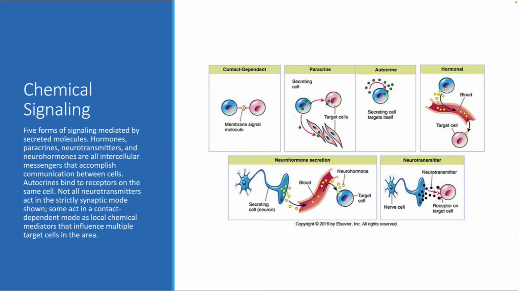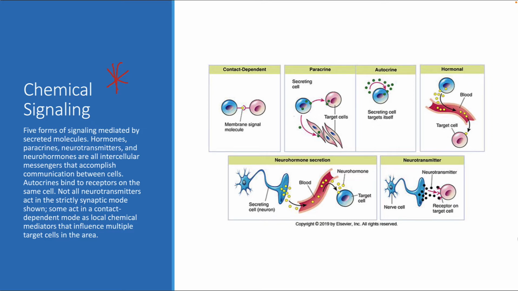It's important that you learn this slide because throughout the semester, I'm going to be referring to paracrine function or autocrine function or hormonal functioning, and you're going to need to know what that means. I don't want to force you to look these terms up every time, so I want you to learn this now. I'm going to give you examples of these and use them in our discussions throughout the semester.